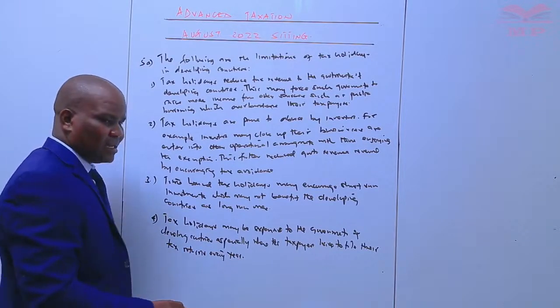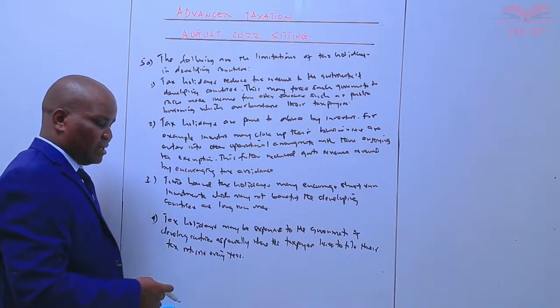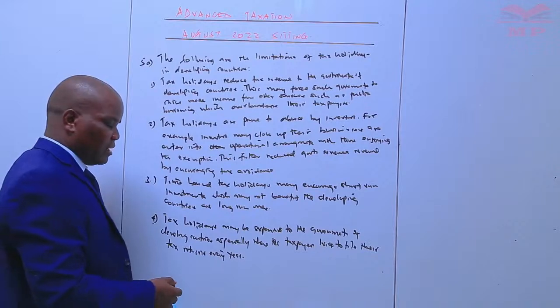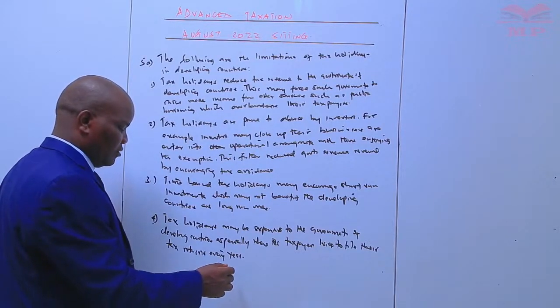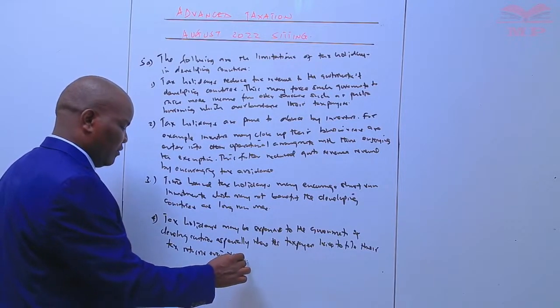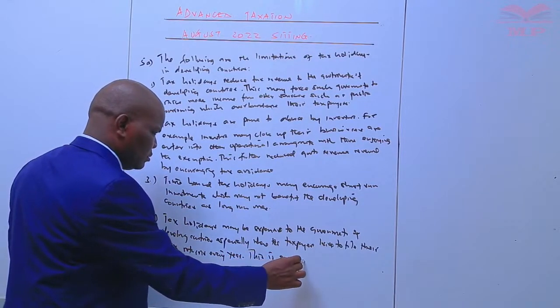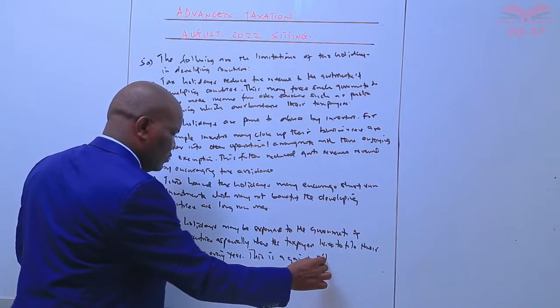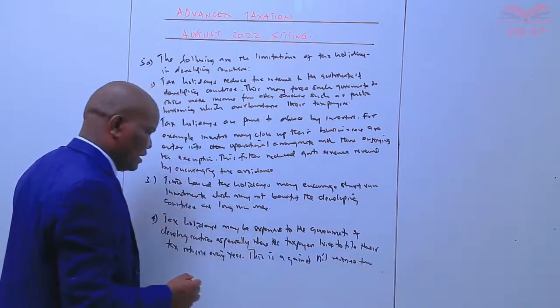Now remember, this is against nil revenue. So the government is spending so much to administer the tax holidays, but receiving nil revenue. So that may mean that the government will be losing so much because of the expensive exercises. Say, for example, this is against nil revenue from such taxpayers.